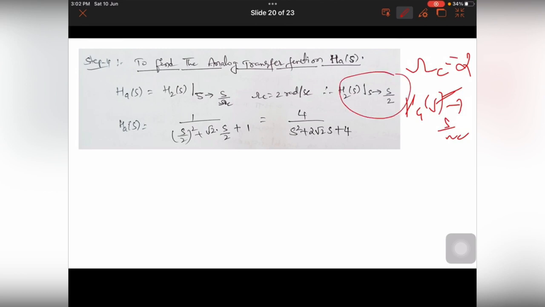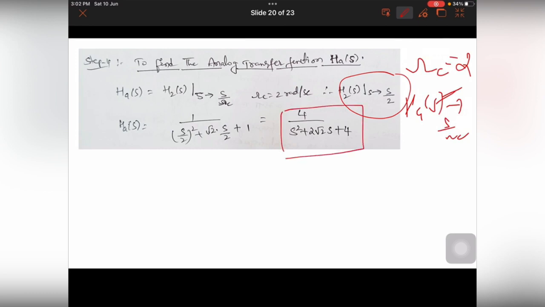Substitute: s square plus root 2 s, where s is s by 2, plus 1. Take LCM as 4, you get 2 s square plus root 2 s plus 4.